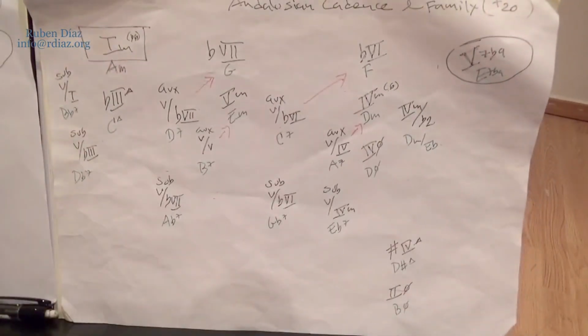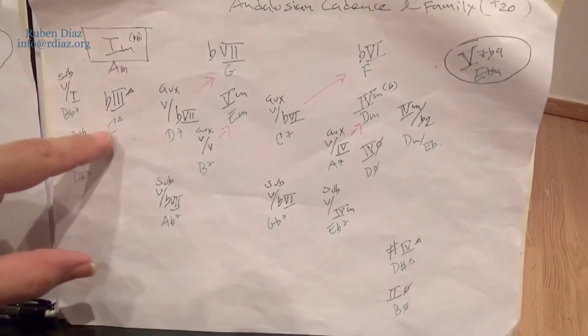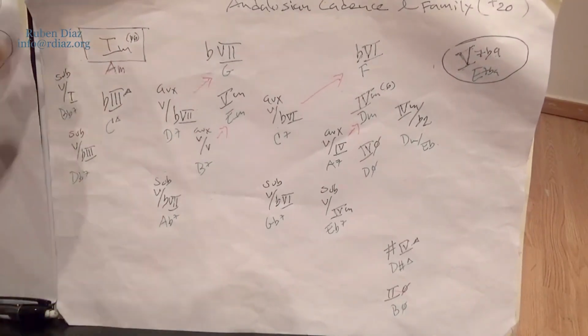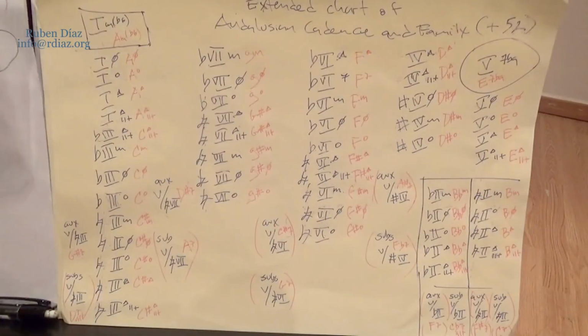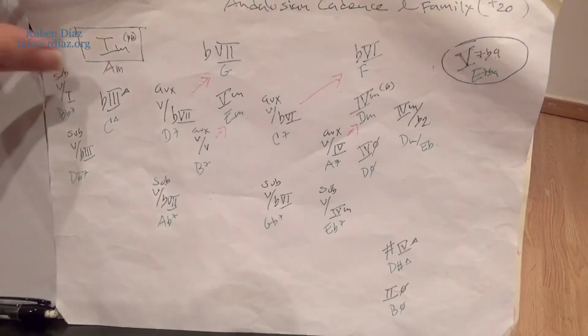So here we go now with 4 kinds of flat third chords, which we didn't write before, because as we remember from the first preliminary 20 chords we got, the substitute of the first degree was the flat third major 7, and that was C. So we could play first minor, flat 7, flat 6, 7, flat 9, or we could do also flat third, flat 6, and then 7, flat 9.